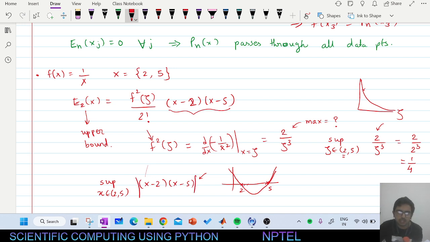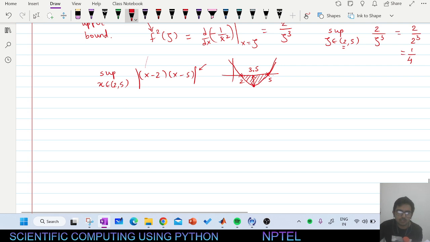Parabola is symmetric about its zeros, so the maximum deviation, which will be negative in this case, so that's why we are taking mod, is going to be at the middle, which is (2 plus 5) divided by 2, so it's 3.5.